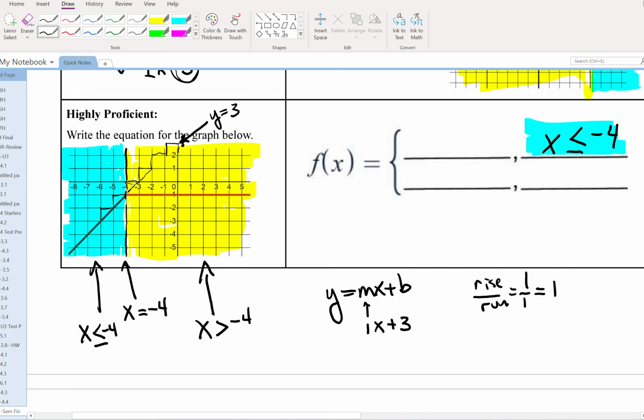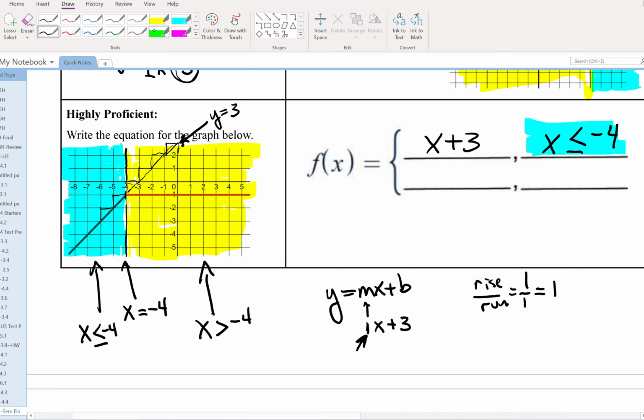That's the y-intercept. And so, again, normally we would not write that 1. I would not mark it wrong if you put it, but I want you to get used to knowing that it's there even if you can't see it. So there's y equals x plus 3 for this particular part.